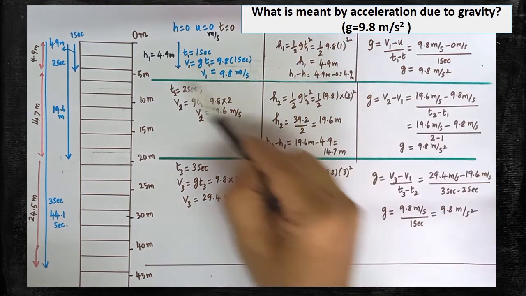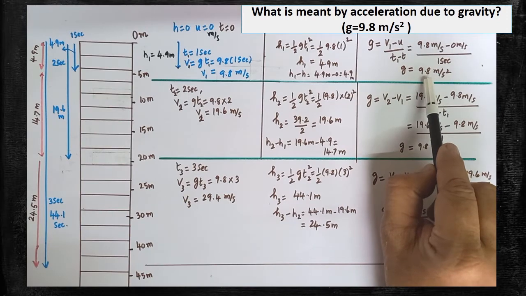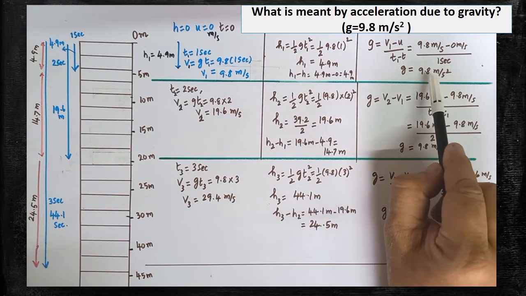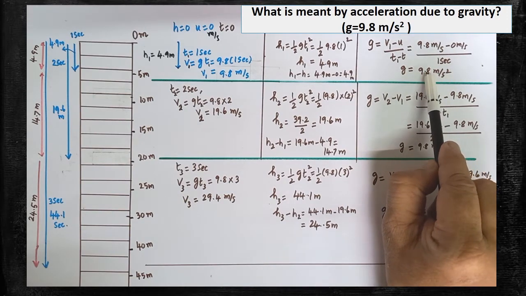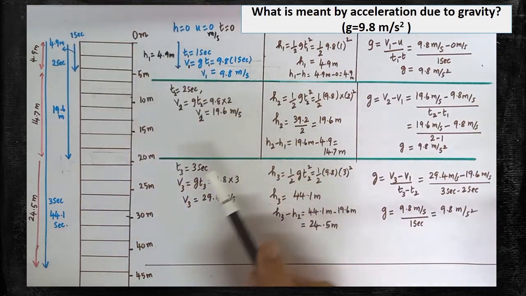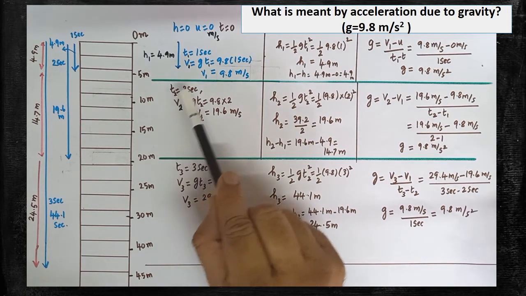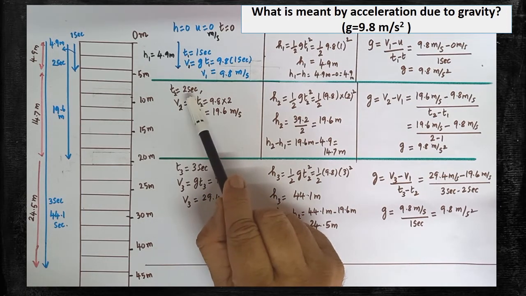It shows that when it falls, the body is accelerated at the rate of 9.8 meter per second square. So this much acceleration is produced in the case of the free falling body when it is descending. Now we will calculate what happens after 2 seconds.